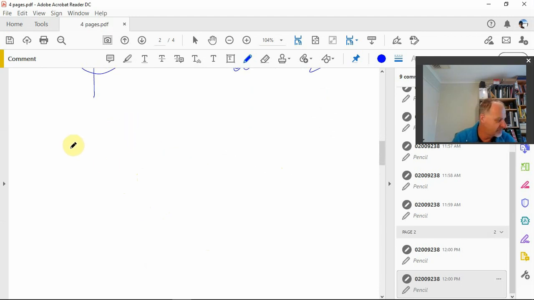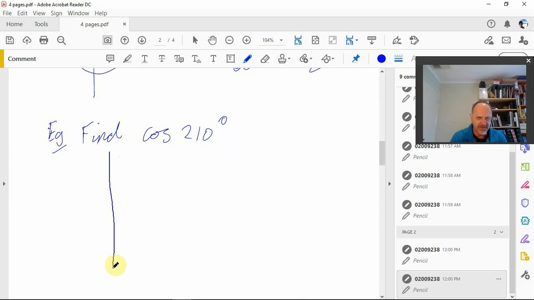All right, so let's have a look at an example. Let's find the cos of, let's say, 210 degrees. So what we can do is say, okay, here's our unit circle.